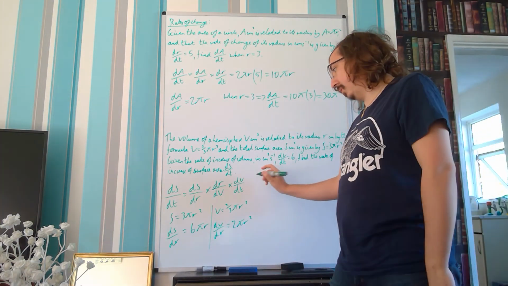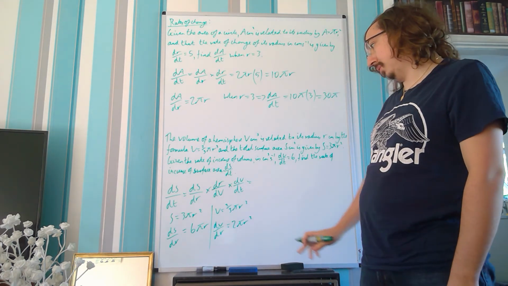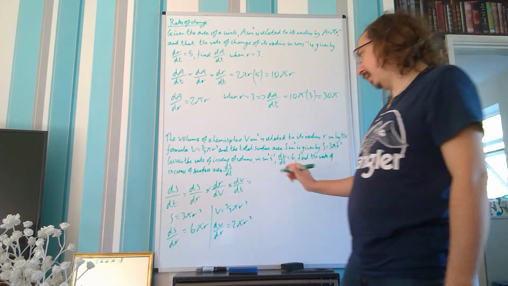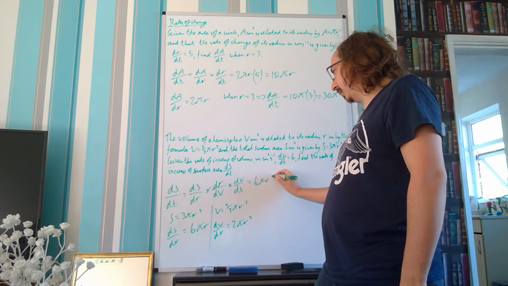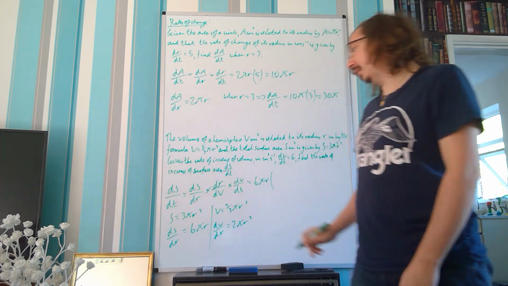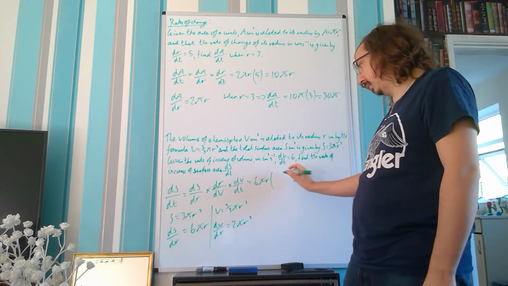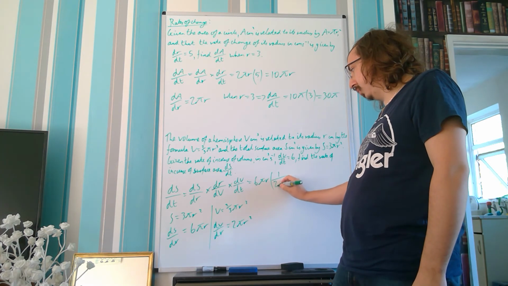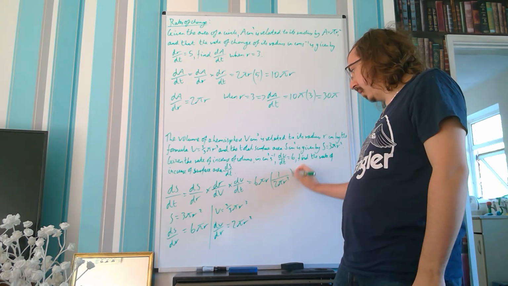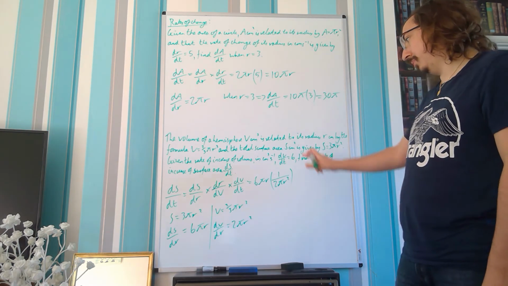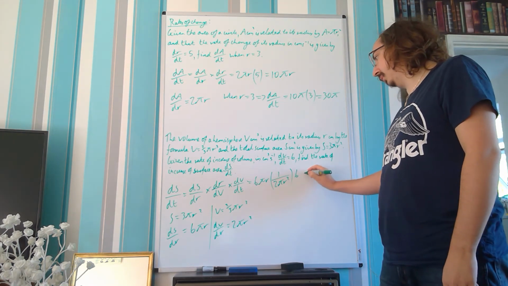And all we need to do now is substitute in our different parts. So dS by dr, 6 pi r. dr by dV becomes 1 over this. So 1 over 2 pi r squared times dV by dt, which is equal to 6.